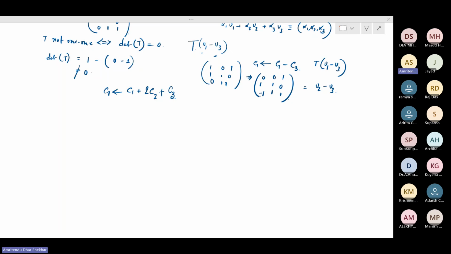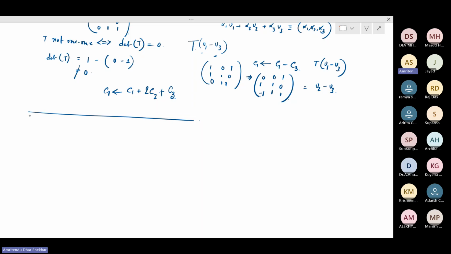Okay. So before we proceed, let's quickly look at one concept. We have talked about representing linear maps in terms of a fixed basis.